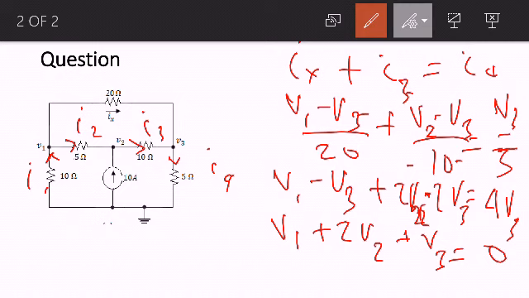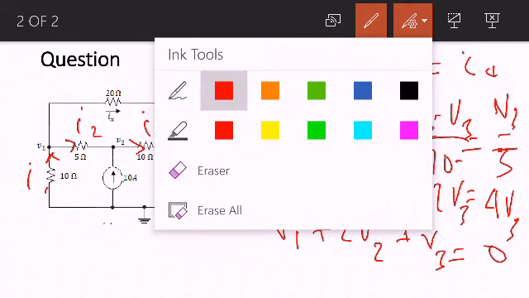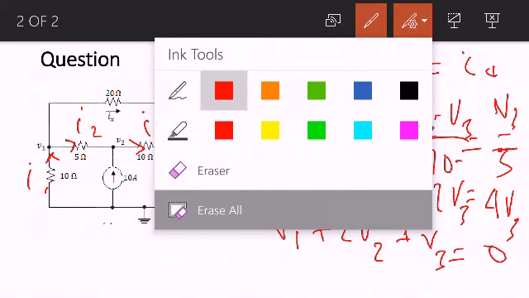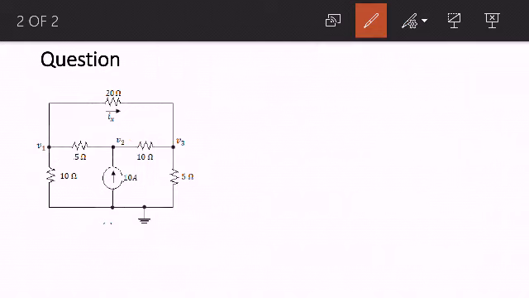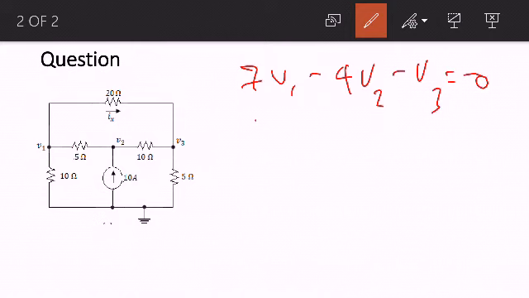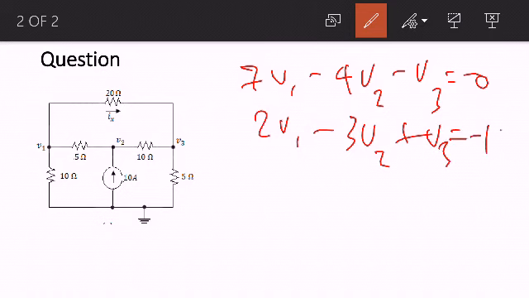So we can write out all our equations that we have developed so that we can find Ix. The first equation: 7V1 minus 4V2 minus V3 equal to 0. The second equation is 2V1 minus 3V2 plus V3 equal to minus 100.